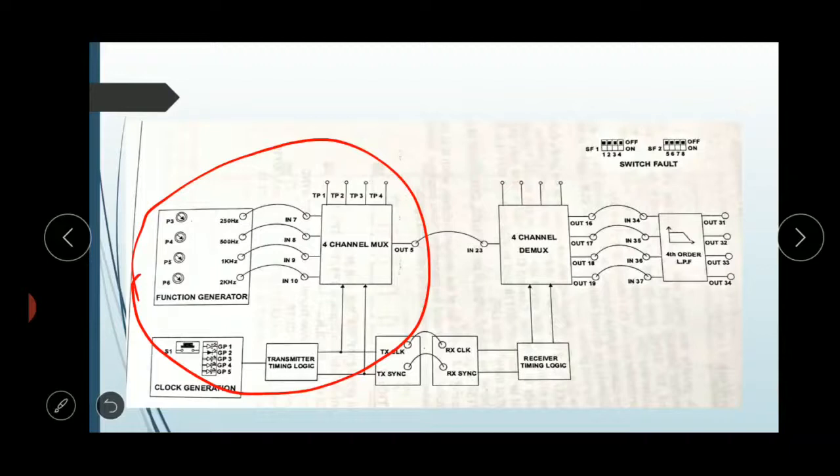The demultiplexer separates the 4 signals and gives them to the 4th order low pass filter, and at the output of the low pass filter we get our original signal. So at the end of the experiment we can compare the output signal with the input signal given in the transmitter section.